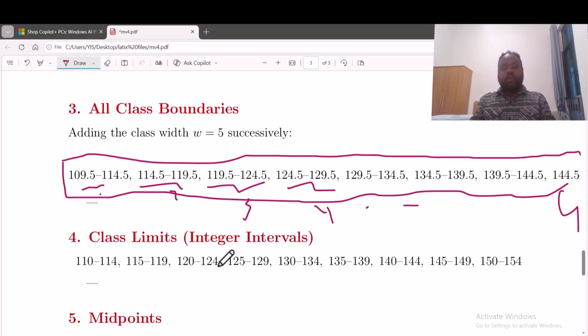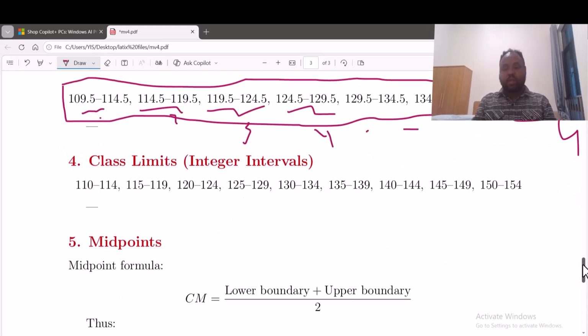What is left is the class limits. Class limits involve a unit of measurement, meaning there is a gap from class to class. That gap is u, which is 1. For example, 104 minus 103.5 is... so this is a gap.